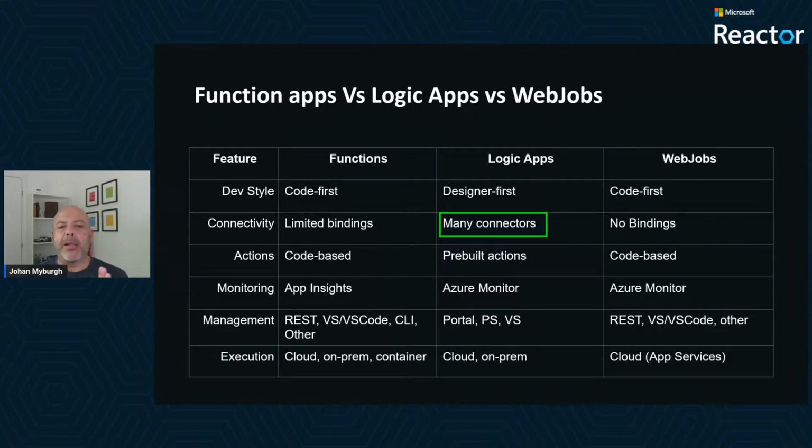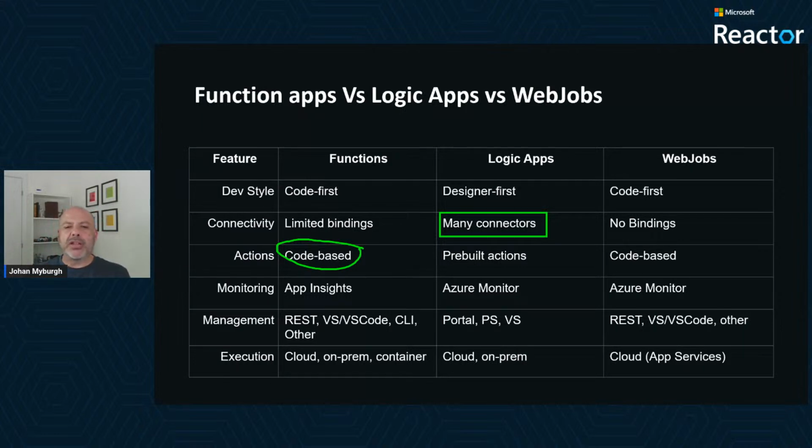Now, we do help you with some input and output bindings, but anything outside of the supported services, and you will have to scaffold that code together yourself. Web jobs don't have any bindings. Actions are code-based. And by the way, I can extend logic apps with additional functions.